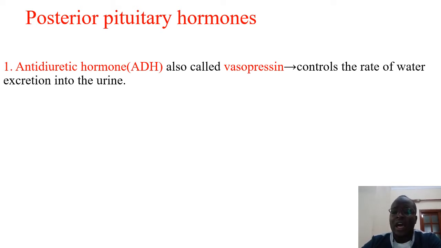That will allow water molecules to move from the tubular fluid within the kidney nephron into the epithelium cells, then into the interstitium, and then there will be overall reabsorption of water. So that's the ADH.